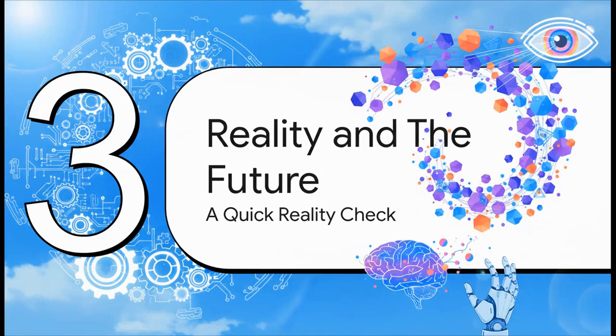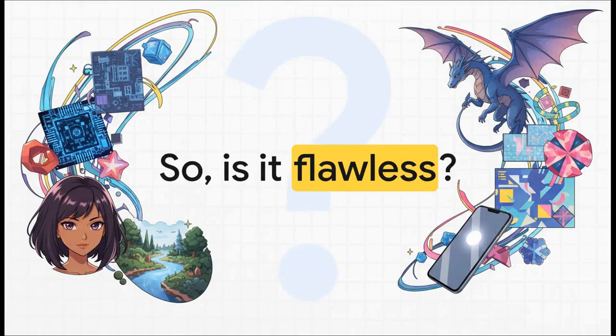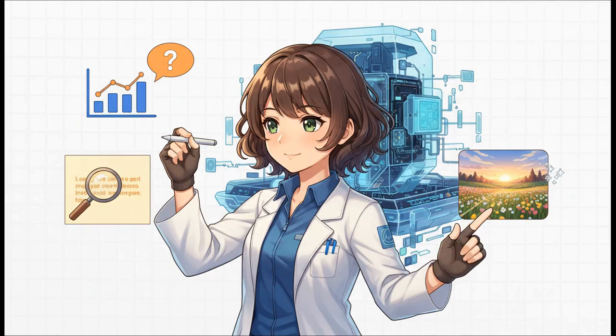So we've got this incredible new power right at our fingertips. It sounds almost too good to be true, right? So it's probably a good time for a quick reality check. Which brings us to the big, obvious question. Is this thing perfect? Is it the ultimate solution for everything? And the short answer is nope, not yet. And Google's actually been really upfront about the limitations.